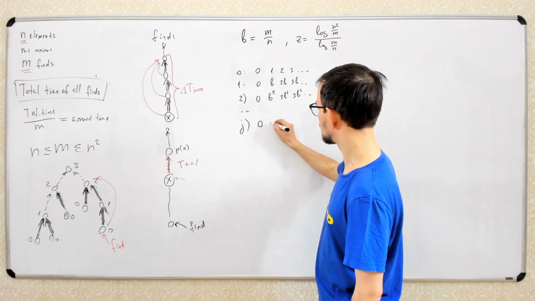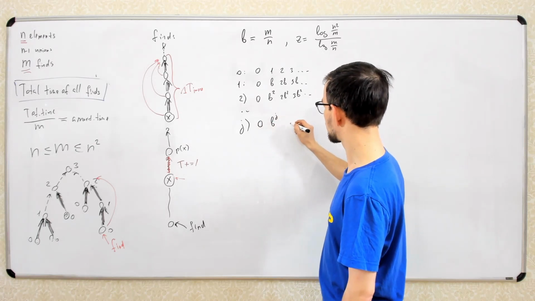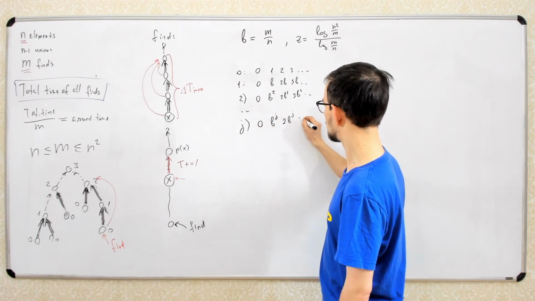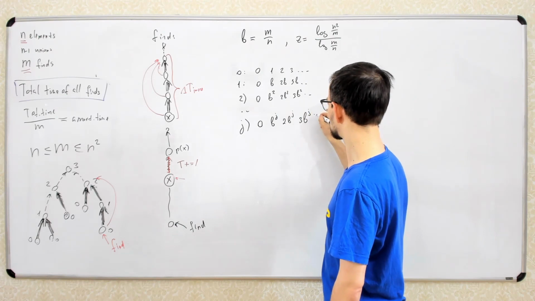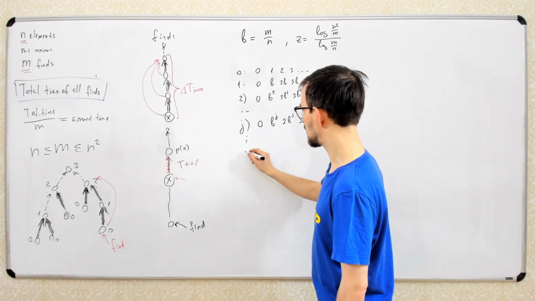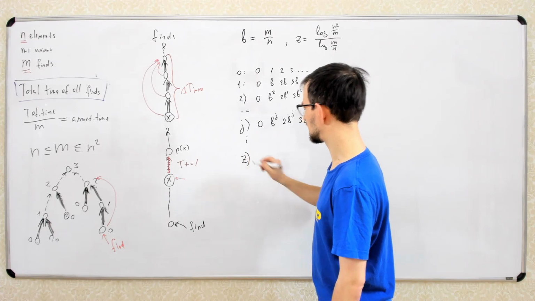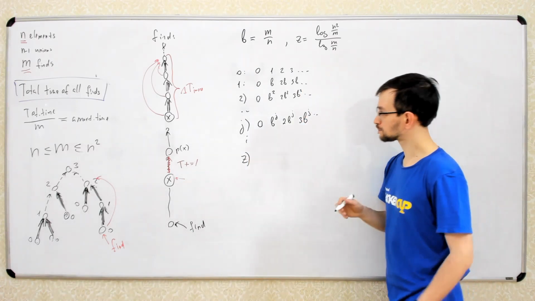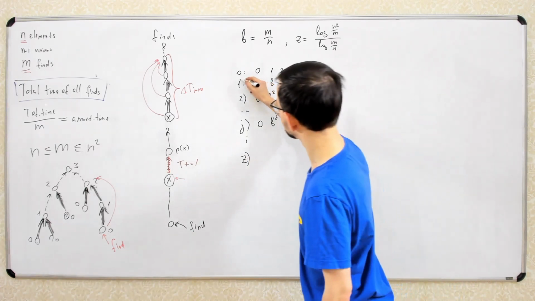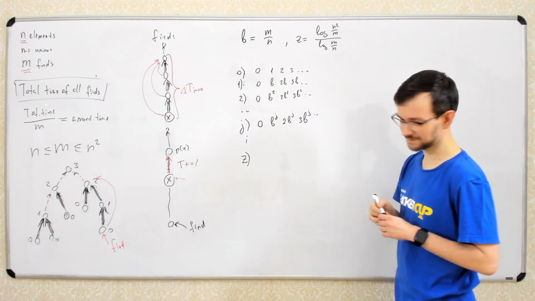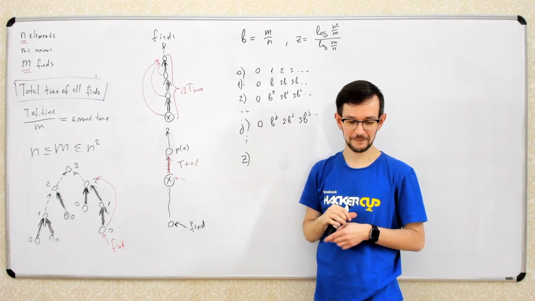We start from 0, then b in power j, then 2b power j, 3b power j, and so on. So we make z such sequences.